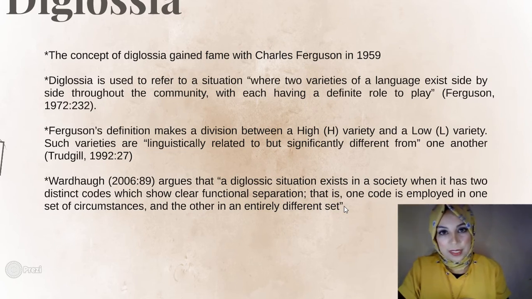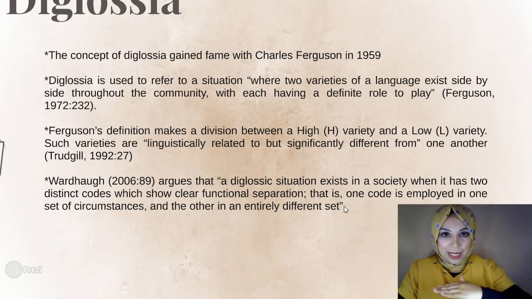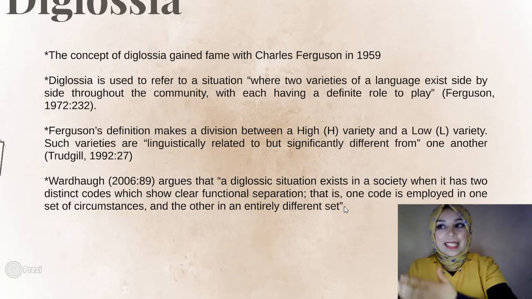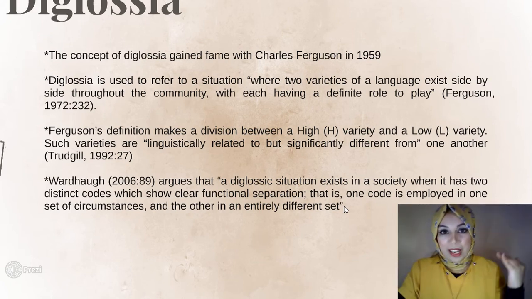I insist on this: we have one language and we have 2 varieties of the same language, but those 2 varieties are distinct, one is high, the other one is low. Generally, he associates the high variety with a superposed variety, the standard language, whereas the lower variety mostly refers to the different regional dialects spoken in this speech community.